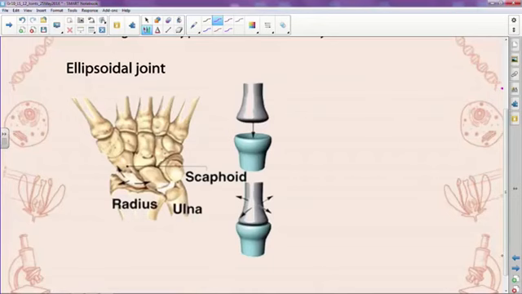The next one, which is not one that you'll probably have to do, is your ellipsoid joint, where the bones of your carpals join, and they have a funny twisting motion. Ellipsoid is like a tiny, circular motion around the bones, the heads of your ulna and your radius.